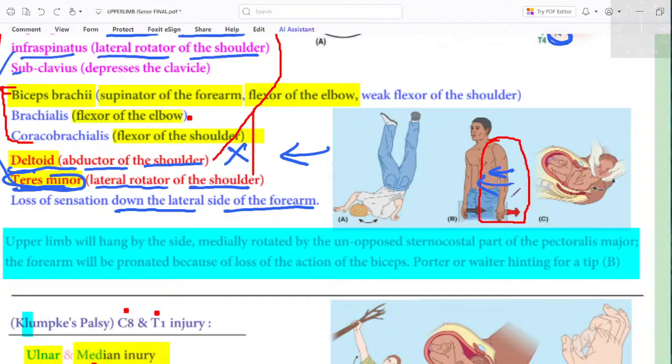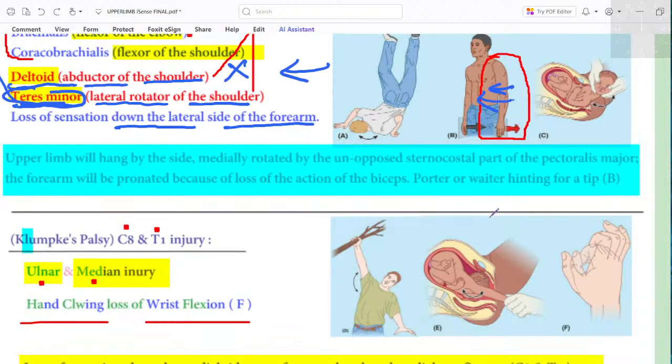So the shoulder will be adducted, medially rotated, and the forearm will be pronated and facing backward. It looks like someone taking money from the backside, and it is given the name of waiter's tip deformity. The upper limb will hang by the side, medially rotated by the unopposed sternocostal part of the pectoralis major.